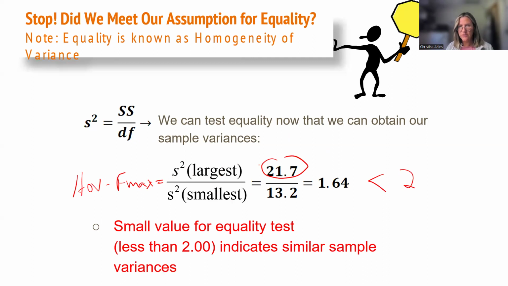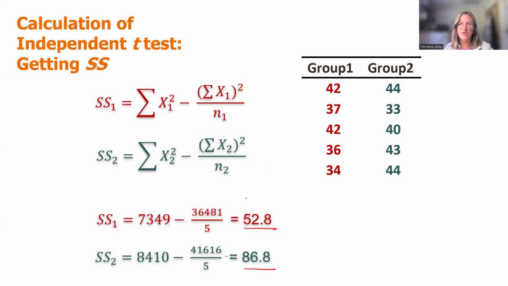Okay, so I'm going to go back one slide. So if you notice 52.8, let's find the variance. So I'm calculating variance as sums of squares divided by degrees of freedom, right? Because the equation for variance is sums of squares divided by degrees of freedom. 52.8 divided by 4, right?